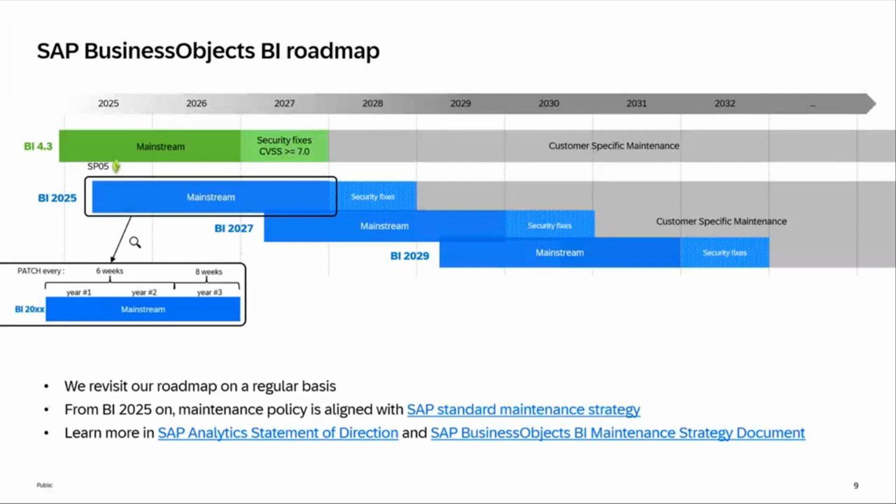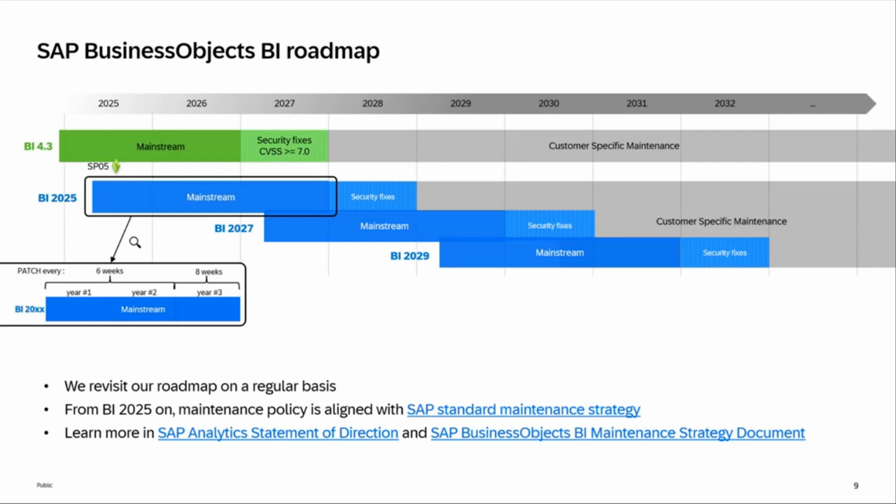Another important change with this new delivery strategy is that we are slowing down the pace of delivery of versions, from a support package every year to a version every 2 years. Okay, we've just delivered, a year ago already, time flies, BI 2025, and next year we'll deliver BI 2027.